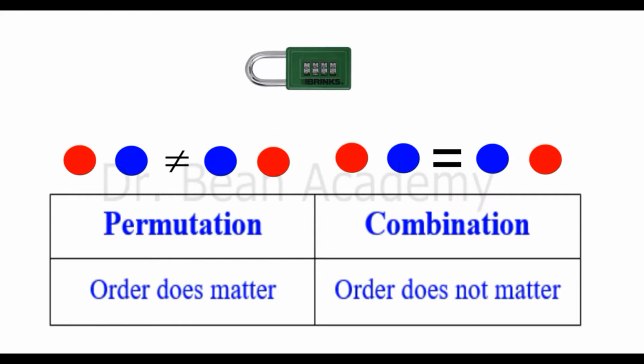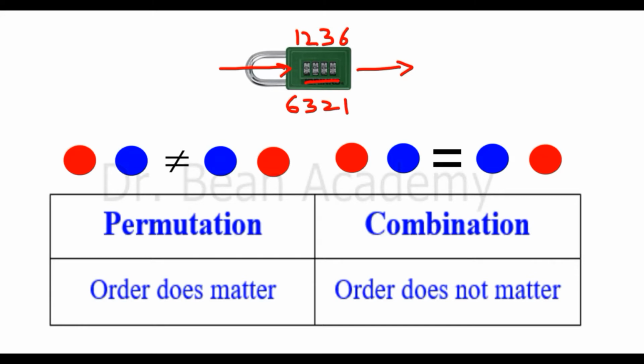I said at the beginning of the lecture that a combination lock should be called a permutation lock. The reason is the arrangement we make on the lock is not a combination, it's a permutation. For example, if I set a code of 1, 2, 3, 6, you cannot open the lock with 6, 3, 2, 1.